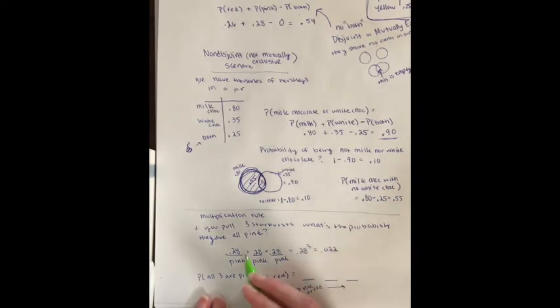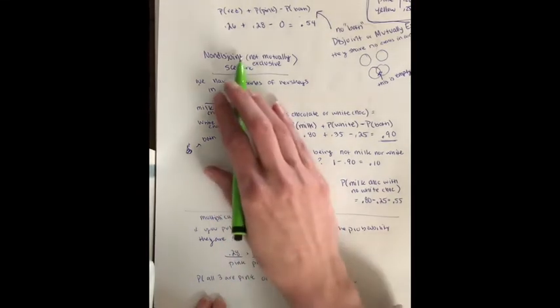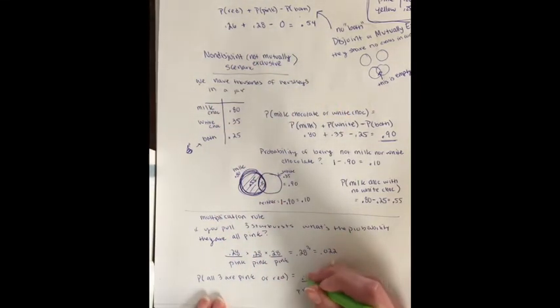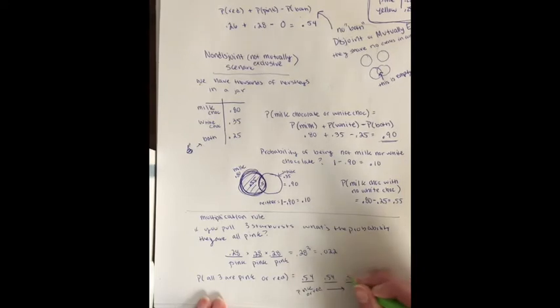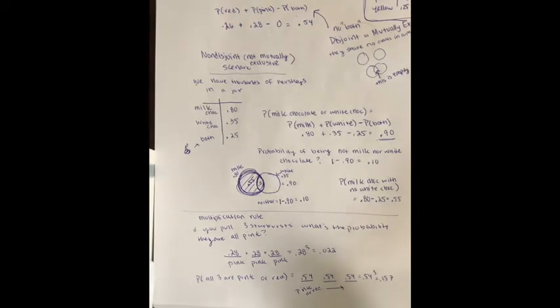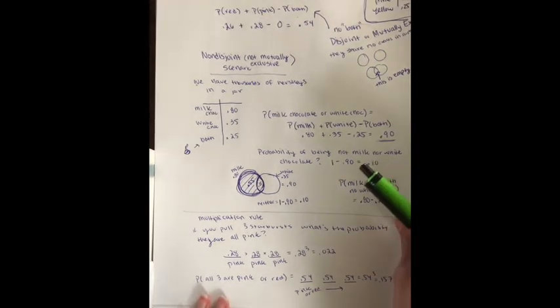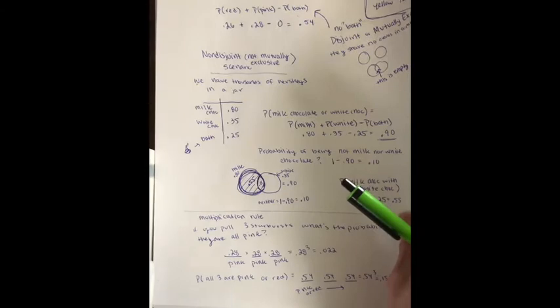So we know that pink or red from earlier up here is 0.54. So they're all 0.54. And so that's 0.54 to the 3rd, or 0.157. Okay, and so this is the multiplication rule. There's many different applications. We'll do a couple more practices.